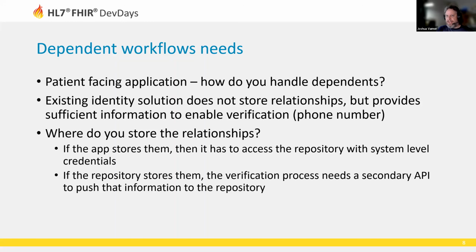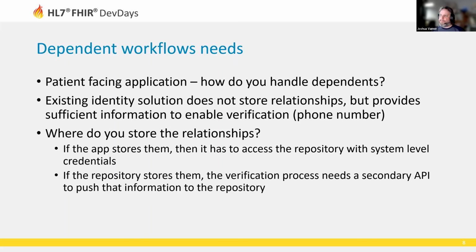Because if the application says, I have access to this set of records, and it's the one that knows that, there's no way for the repository to validate that access. We can log it, we can audit it, but we can't say, yes, you have access to this. That pretty much relegates the relationship to system-level access, and that's not something they were comfortable with. So we had to figure out a way to have the repository store them.